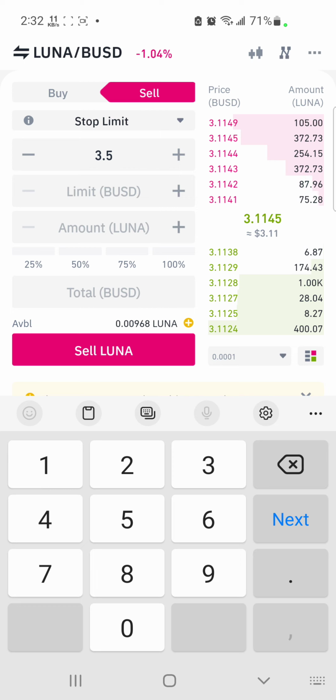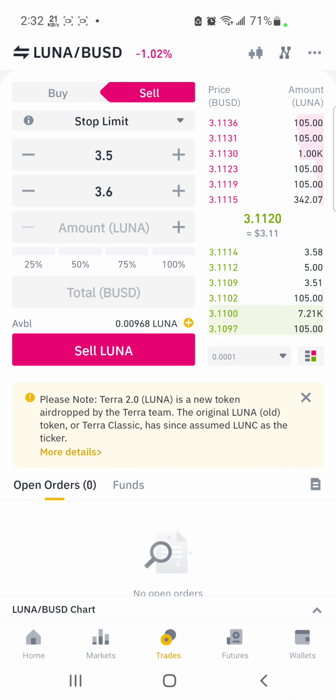Now, there are instances where the given price falls below $3.05 very fast.